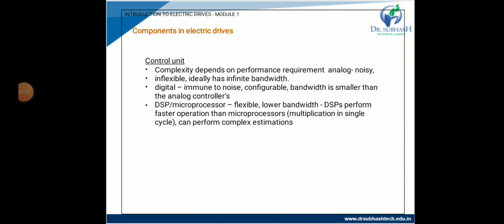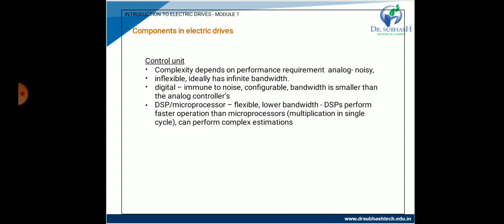Control unit: complexity depends on performance requirement. Analog is noisy, inflexible, ideally has infinite bandwidth. Digital is immune to noise, configurable, bandwidth is smaller than the analog controllers. DSP or microprocessor, we can use it, digital signal processing microprocessor. Flexible, lower bandwidth, DSPs perform faster operation than microprocessors.